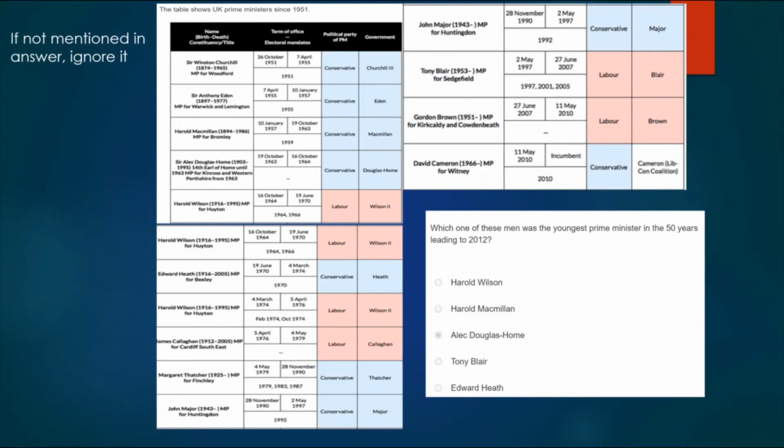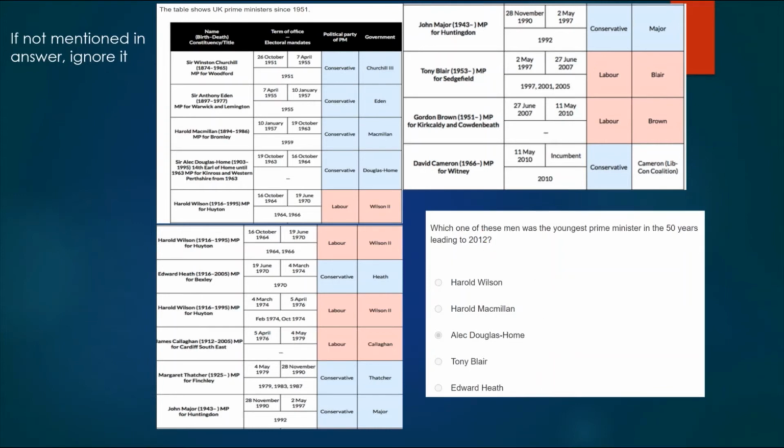So the table shows UK Prime Ministers since 1951, and you have 5 answer options, but you can see how many prime ministers there are. There's many more than 5. So if it's not mentioned in the answer options, then you can just ignore it. Then you don't have to work for that option.